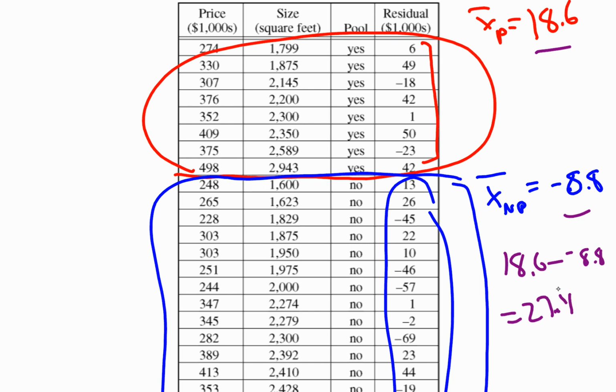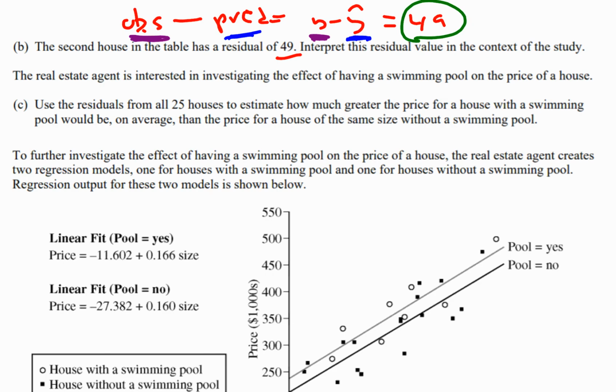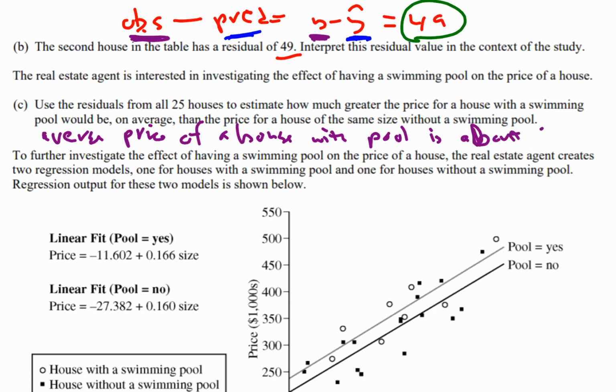Now you want to write the answer to this correctly. So what you need to say in this question is that based on the residuals, the average price of a house with a pool is about 27.4K, or $27,400 higher.